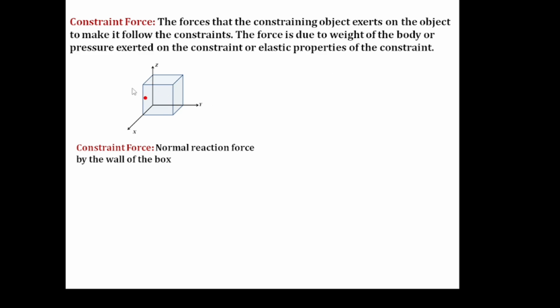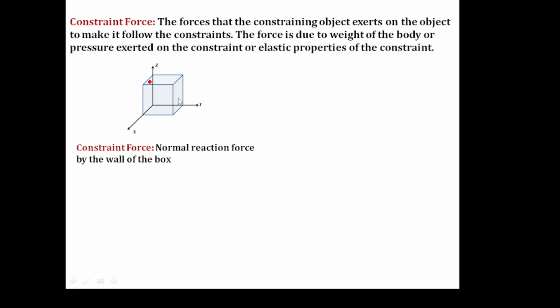Now for the first case, the constraint force is the normal reaction force by the wall of the box. When the ball is hitting the wall of the box, then by Newton's third law, if the ball gives the action, an equal and opposite reaction force is applied on the ball by the wall of the box.